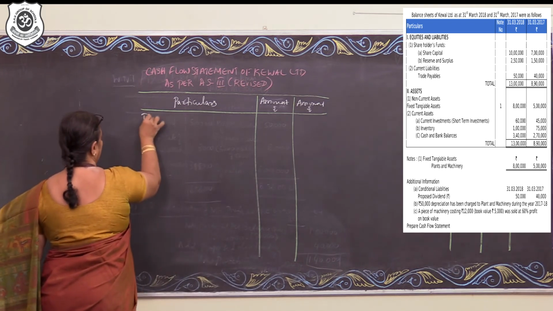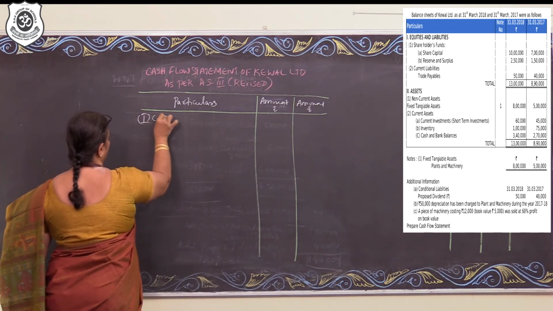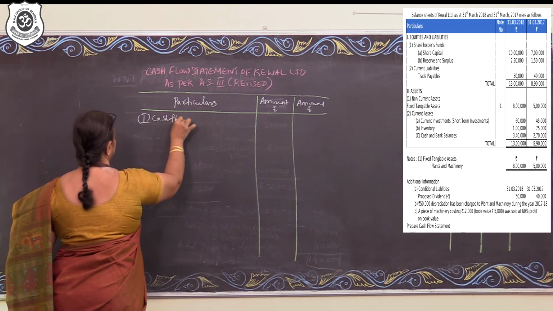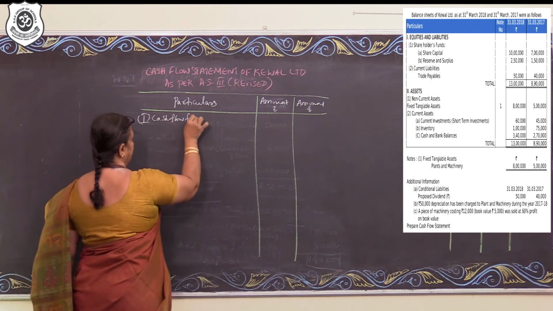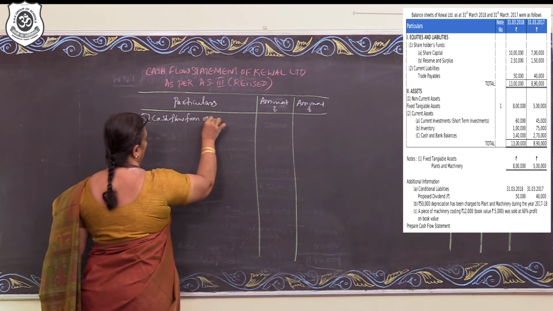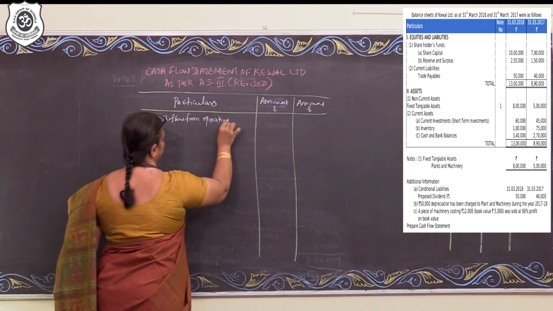So, cash flow from operating activities.